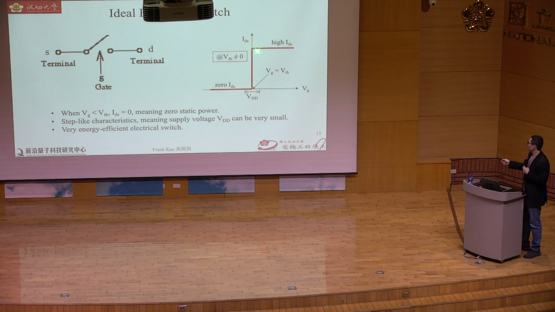Beyond the threshold, you immediately receive very high drain current at this terminal. This step-like characteristic guarantees you can use a smaller supply voltage. You just need a small overdrive here to get this switch on and off. That means if you can have this kind of device, your energy efficiency is very high.